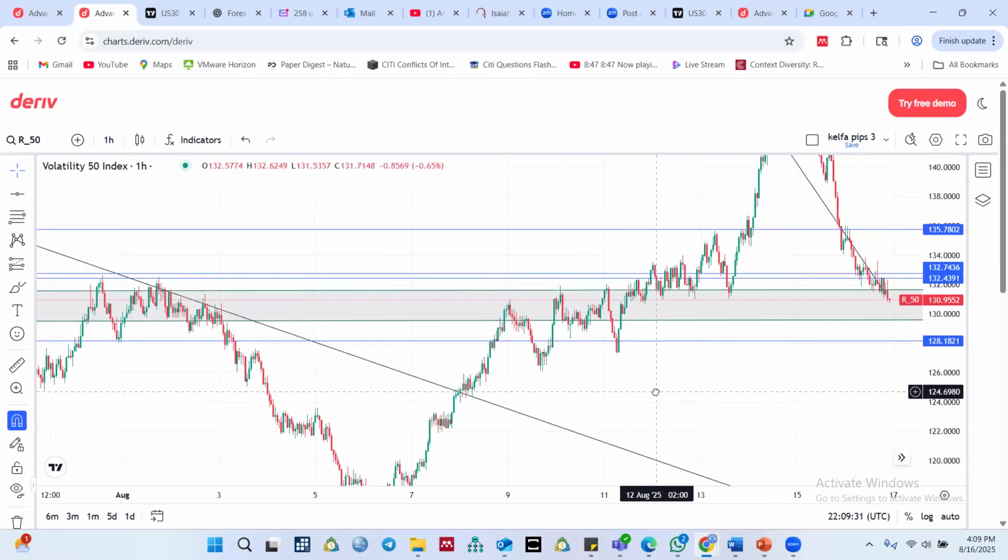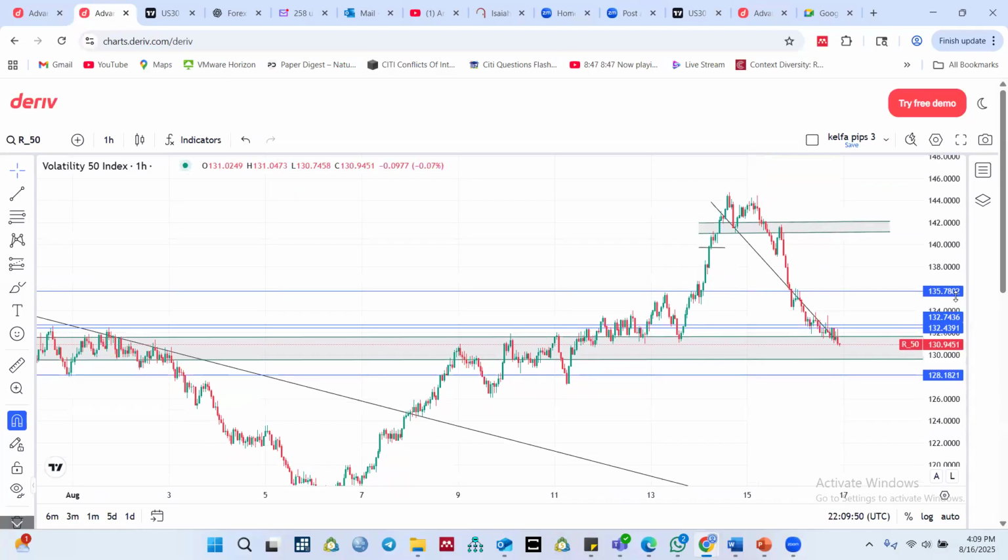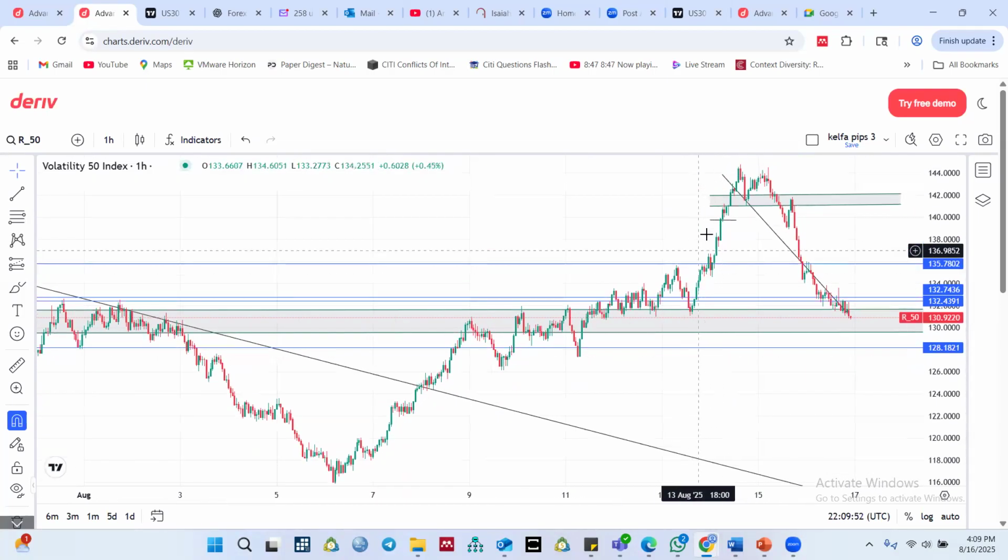So resistance is like the ceiling and support is like the ground. So this zone here, we saw price touched it, and then it moved up. It went to the upside.